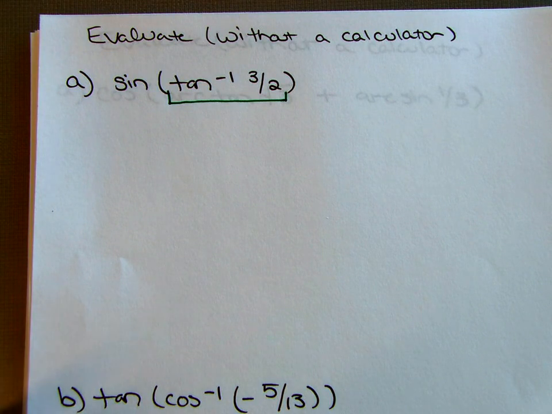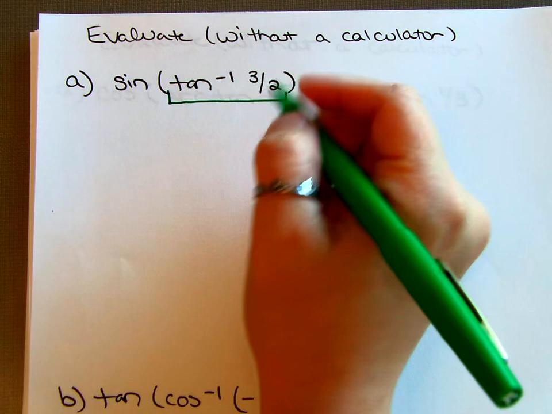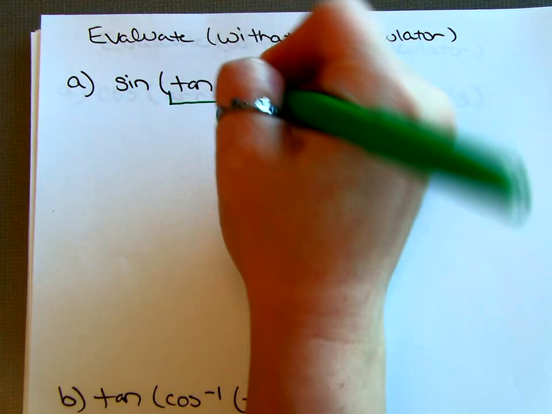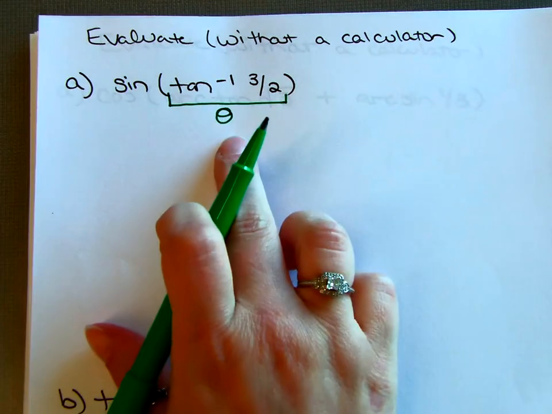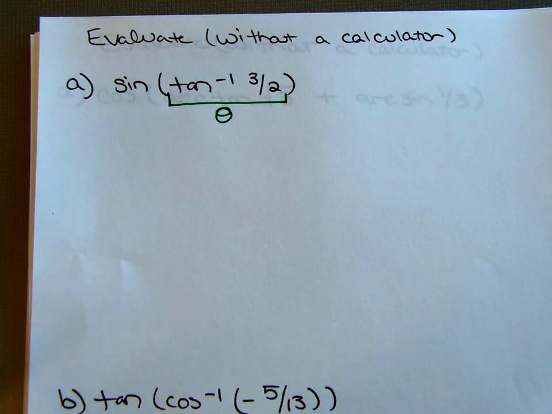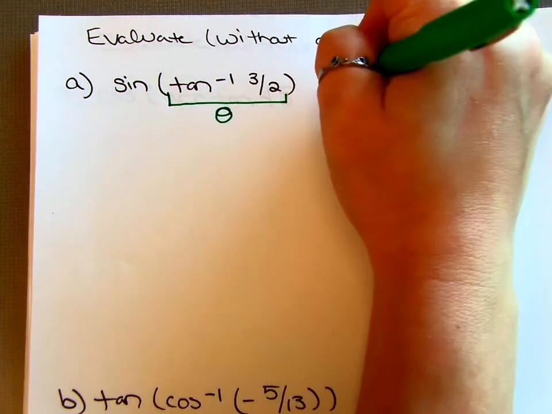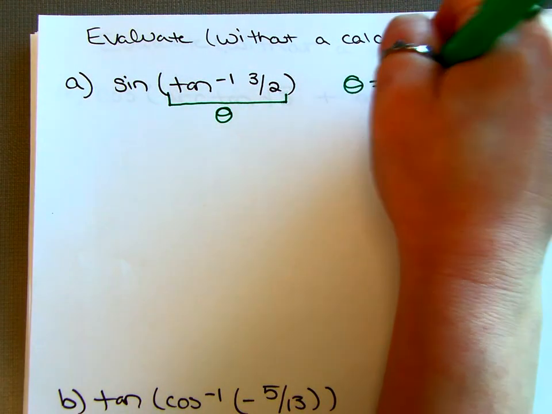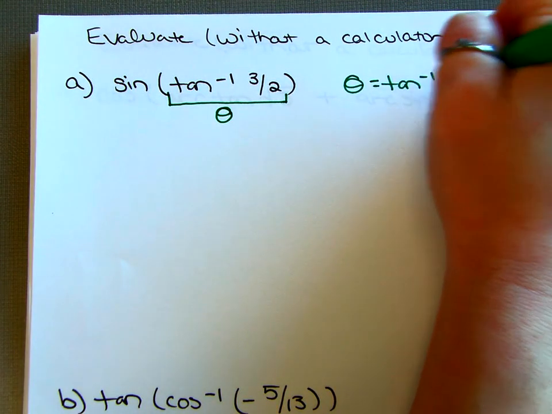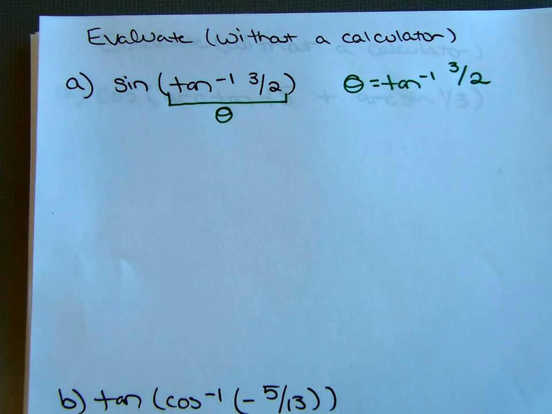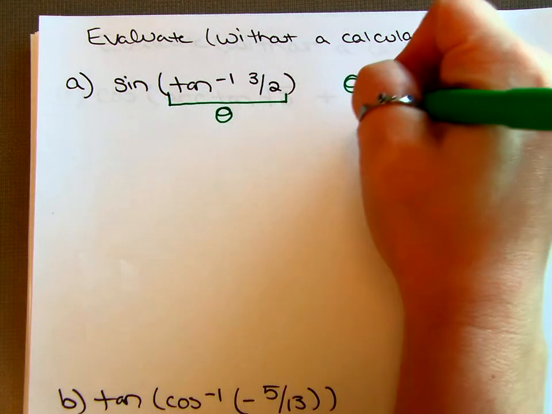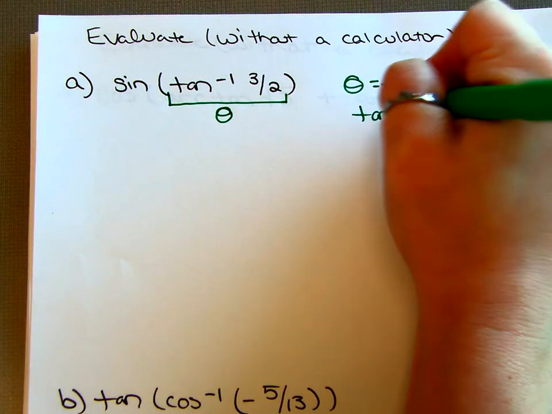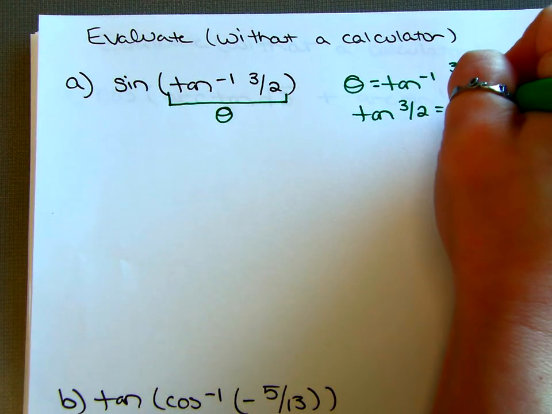So we're going to call all of this in here theta, so that then we're taking the sine of theta once we figure out what that theta actually is. So theta equals the tangent inverse of 3/2. So if we rewrite that, like we have been, in terms of tangent, we're saying we have tangent of 3/2 equals theta.